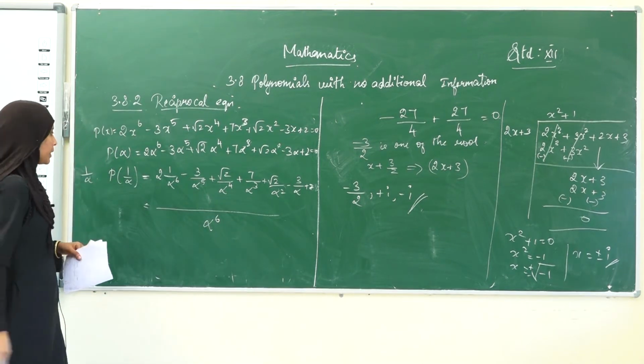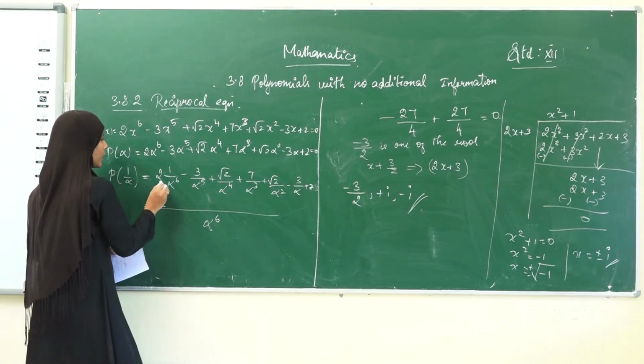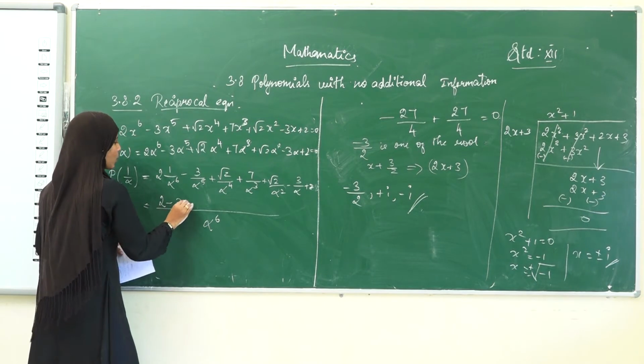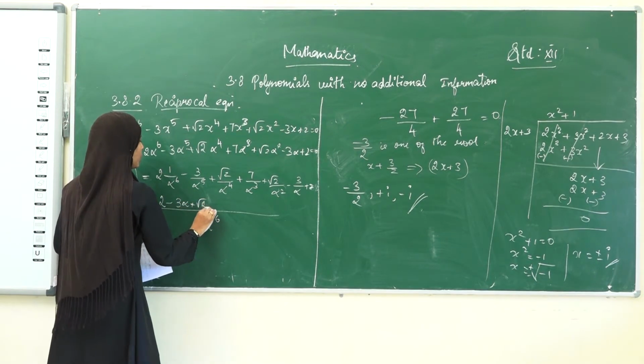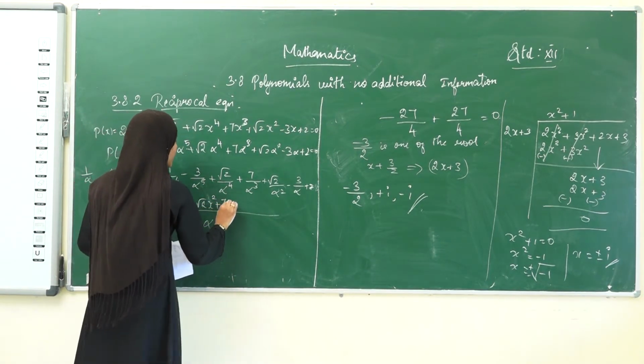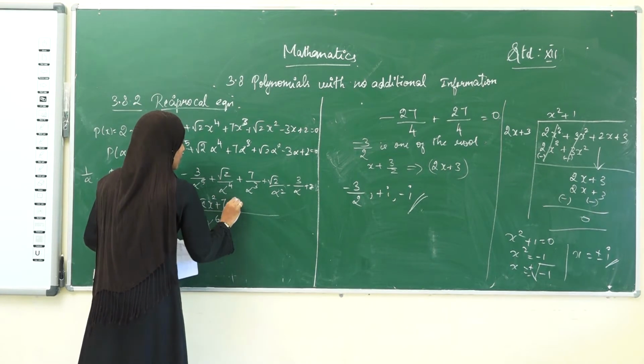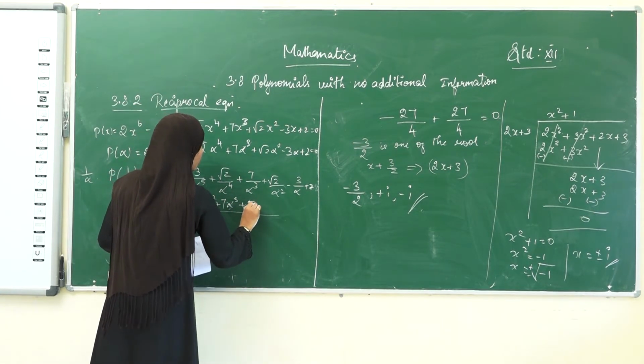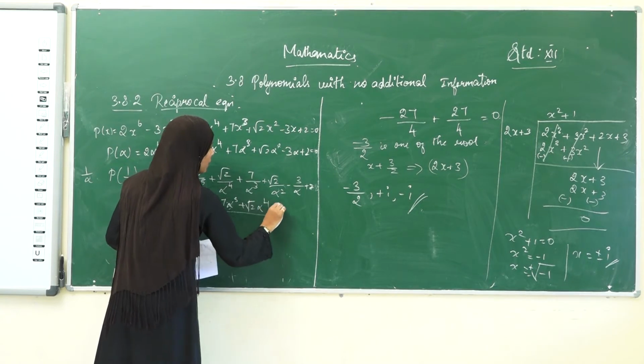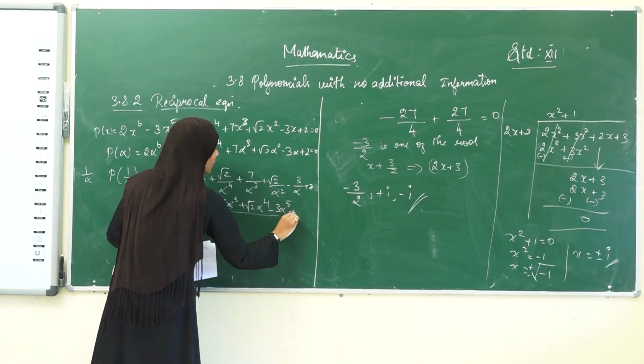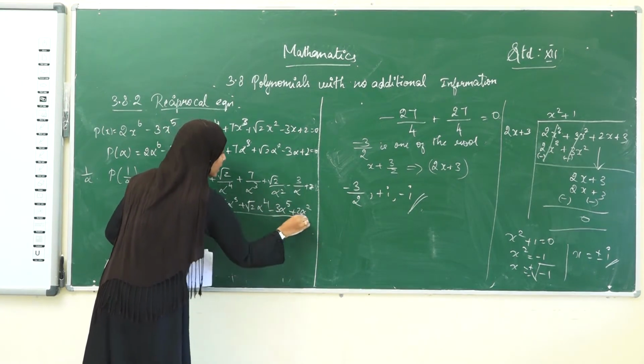LCM will be alpha power 6. So, what's the answer we get in the numerator? 2 minus 3 alpha plus 2 alpha square plus 7 alpha cube plus root 2 alpha power 4 minus 3 alpha power 5 plus 2 alpha square.